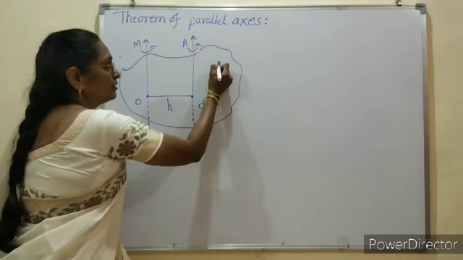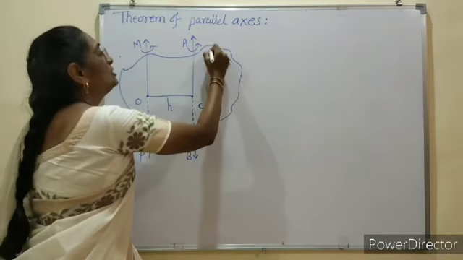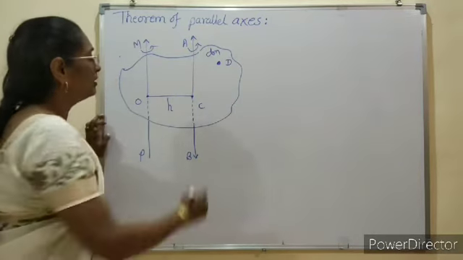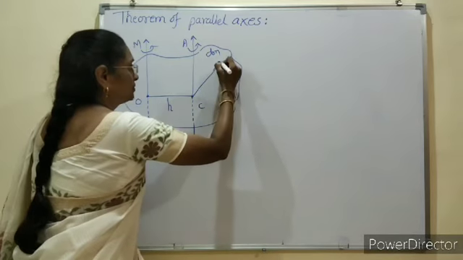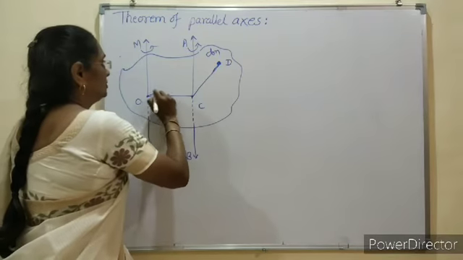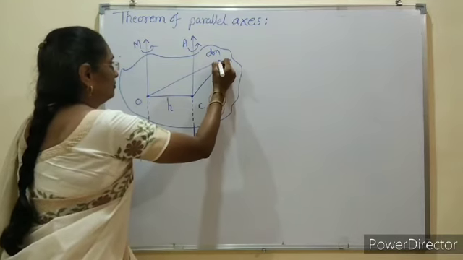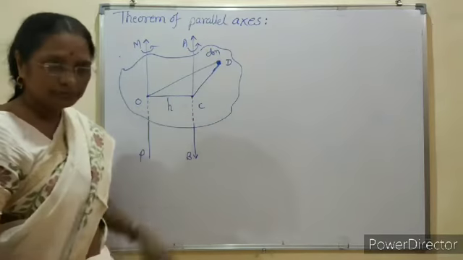There is a point, say D, at which a dm element is there. The distance of this element from the center of mass is CD. The distance from O is OD.